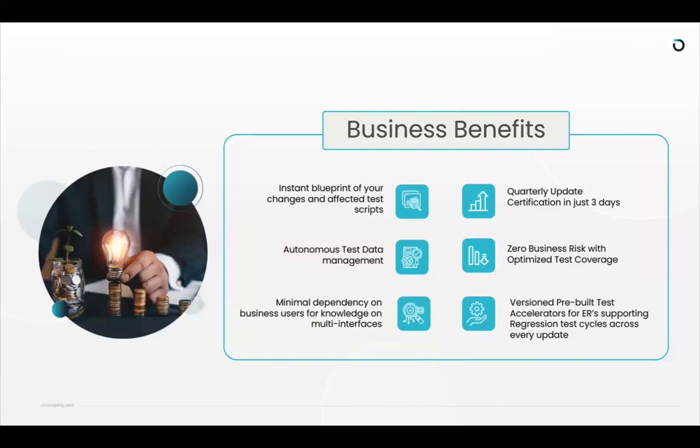I think the biggest one that probably jumps out to everyone watching is this top right benefit: quarterly updates certified in 3 days. This means full cycle best practices, the testing cycle, right? So from doing a sanity suite to change identification to maintenance of scripts to an additional sanity suite, a regression suite, security role validation.